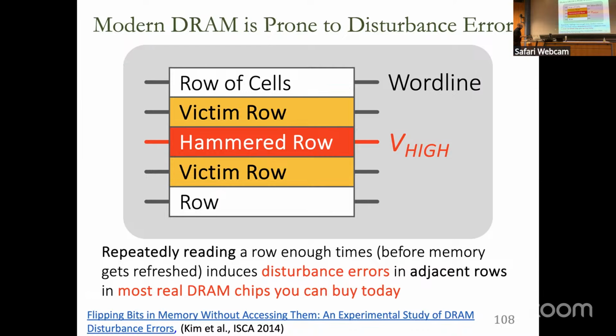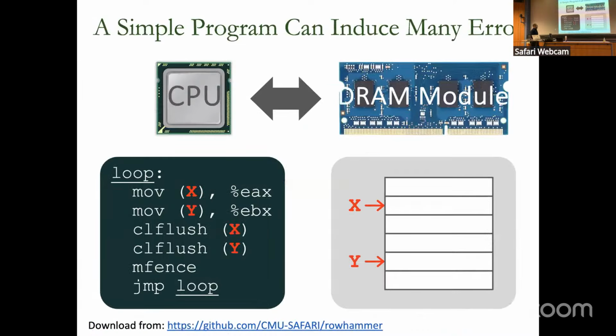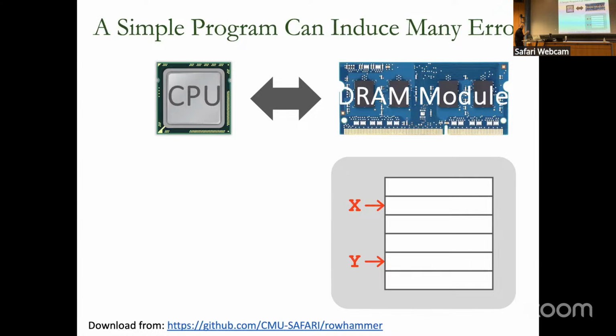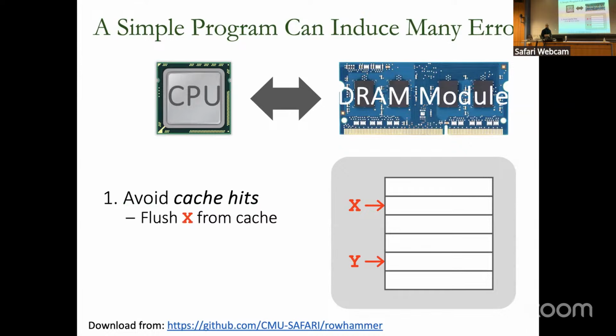There is much research coming from the group in this direction. How would this look in a program? I would move X into a register, move Y into another register, flush them from the caches, and then do the same again. What does this cause? I avoid cache hits. Why? Because I flushed X from the cache. I avoid row hits to X. Why?